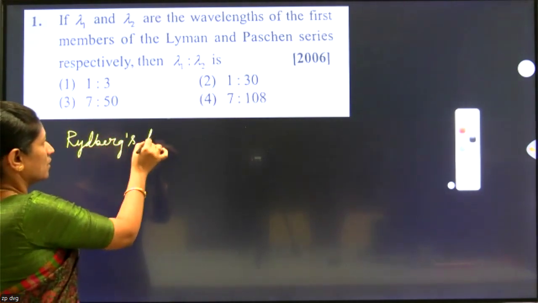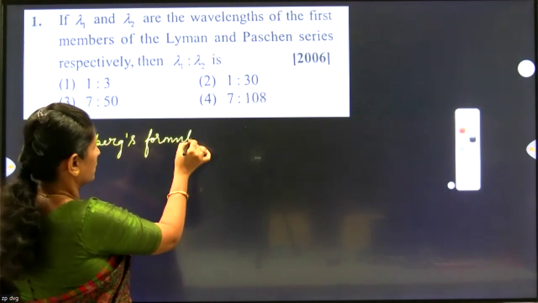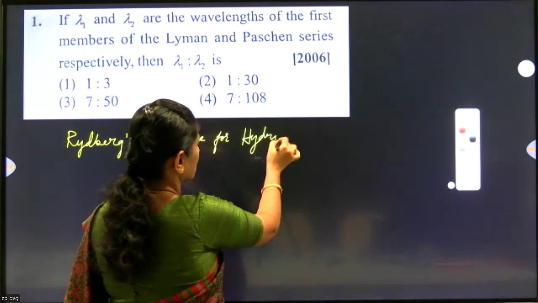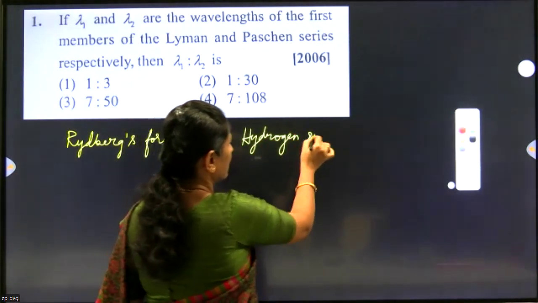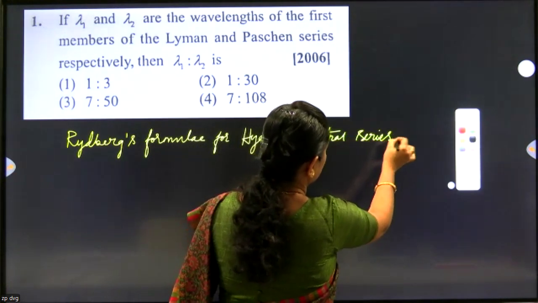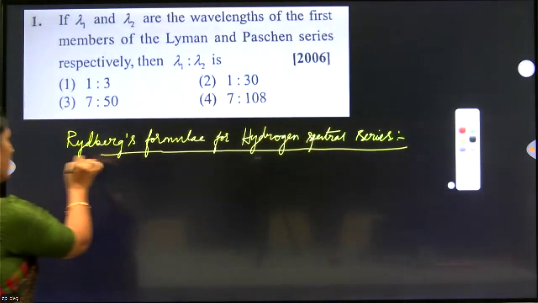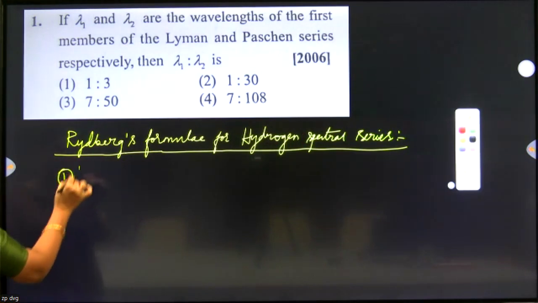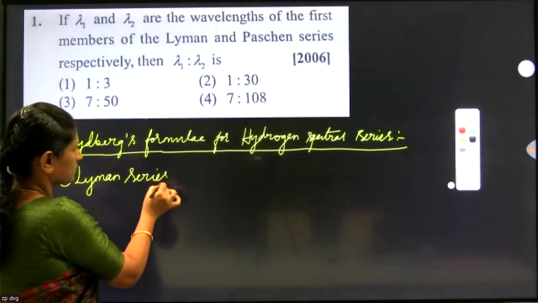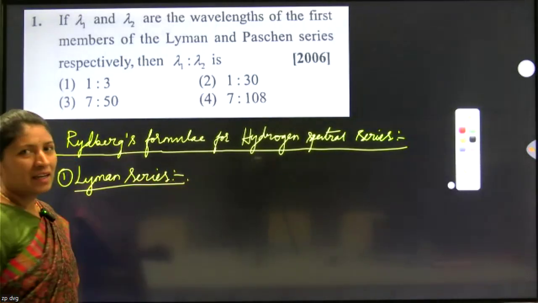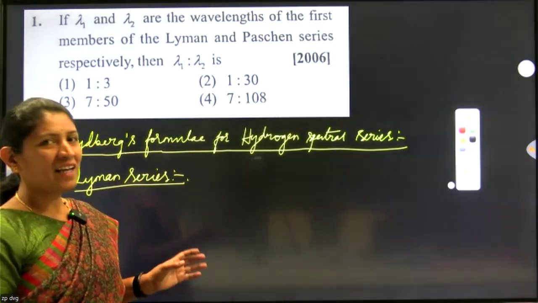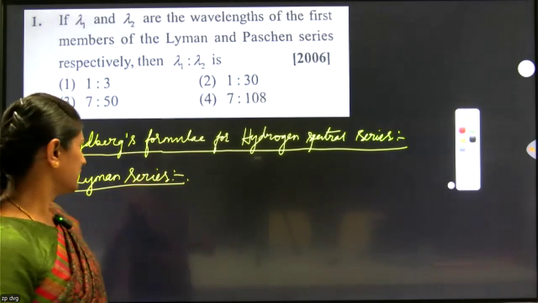Rydberg's formula for hydrogen spectral series. The first one, Lyman series. Lyman series is due to the transition of an electron from any higher state to the first orbit.